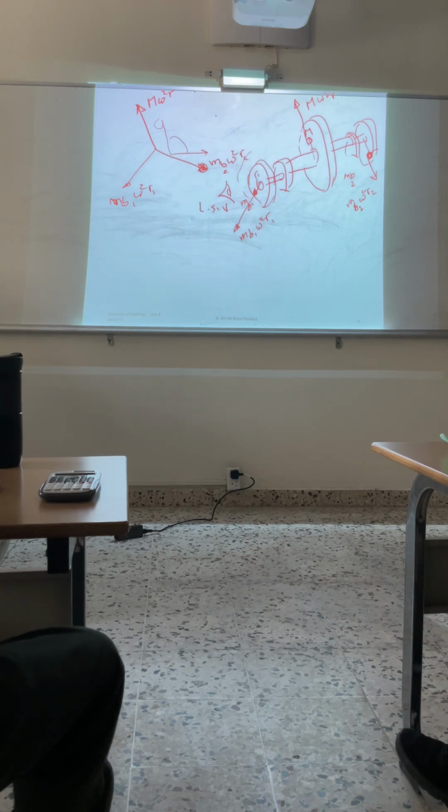And then you end up saying if this is in complete balance, this means that I'm going to draw a polygon, which, because there are three forces, will form a triangle. Right?